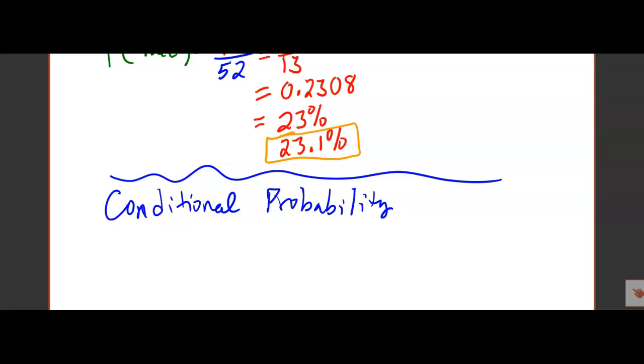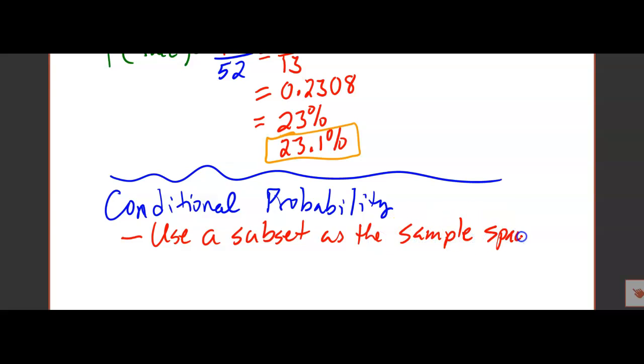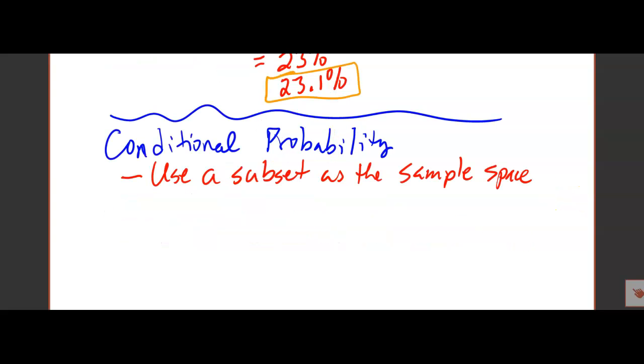Conditional probability means use a subset as the sample space. The math word is given. So let's look at a probability set this way.